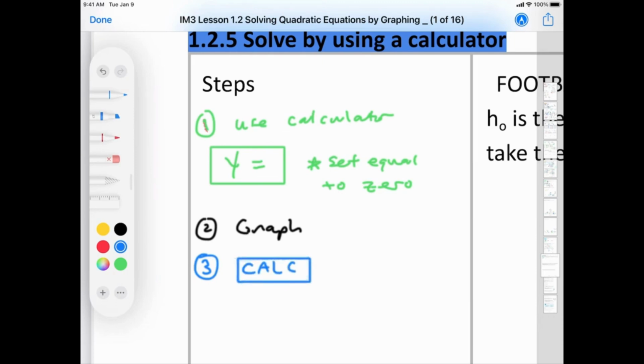And once we press that button, we're going to look for the word zero. Remember, a zero is where it crosses the x-axis. Okay, that's a zero. So what that is, it's an x value, but the y value is 0. Does that make sense?